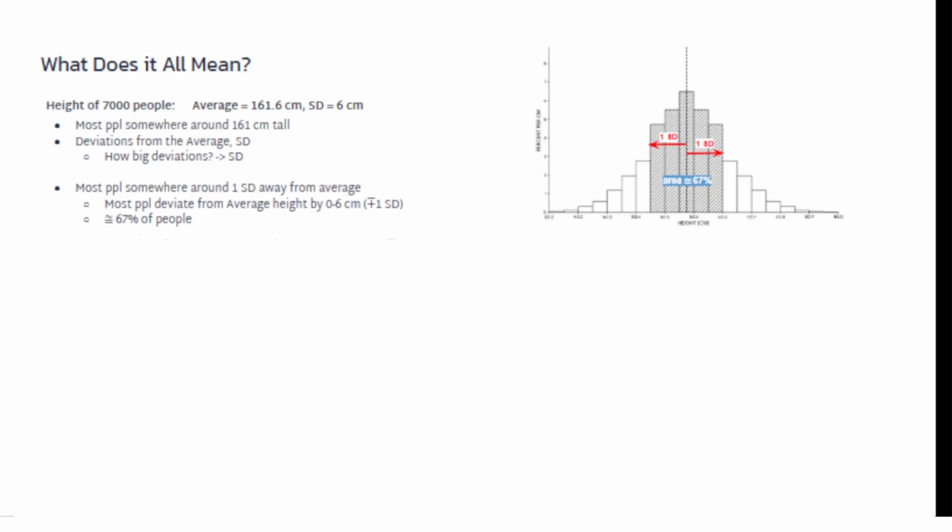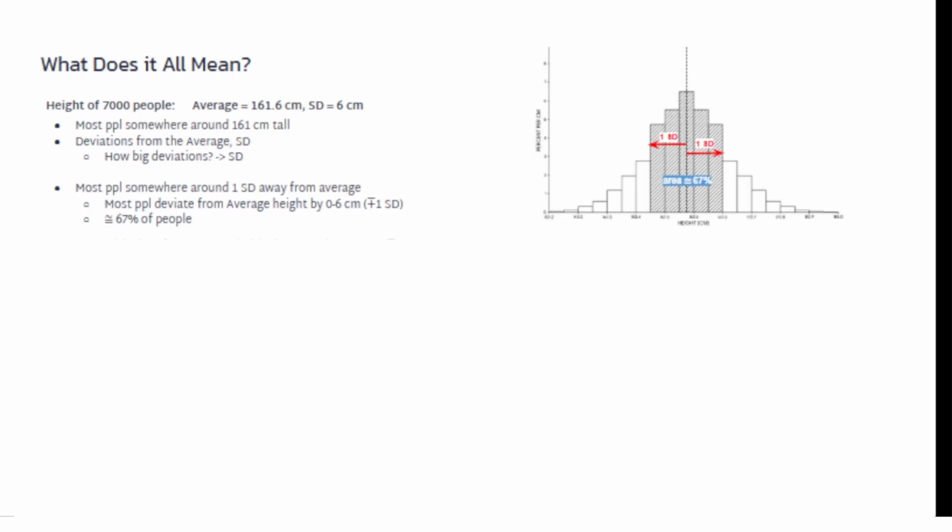So this zone shows the people who differed from the average height by one or less standard deviation, either more or less than the average. And if you measure the area under the bars of the histogram for this zone, it's about 67%.